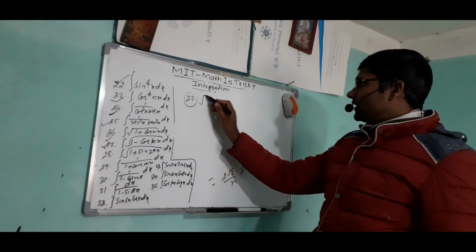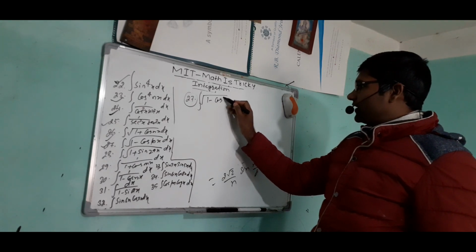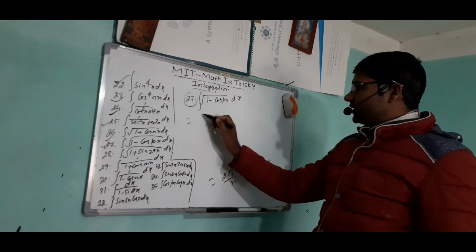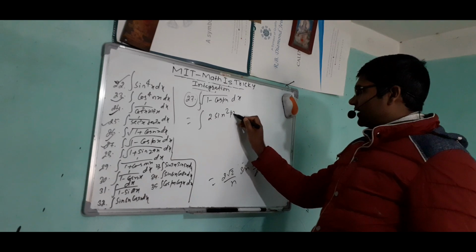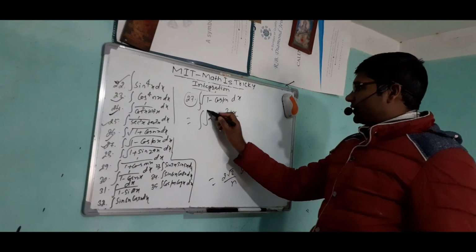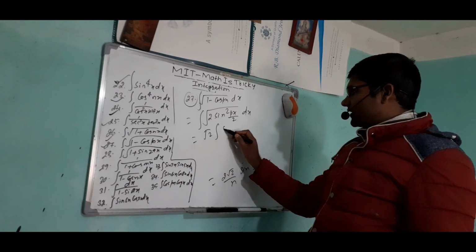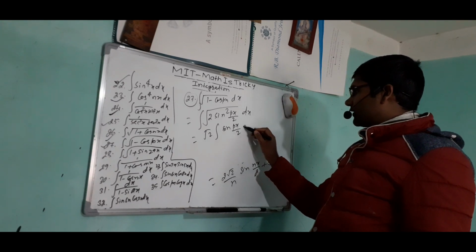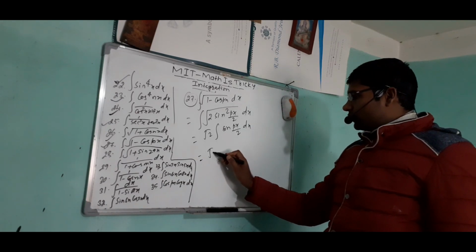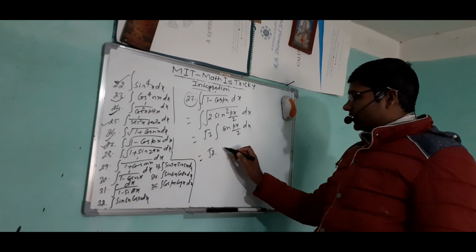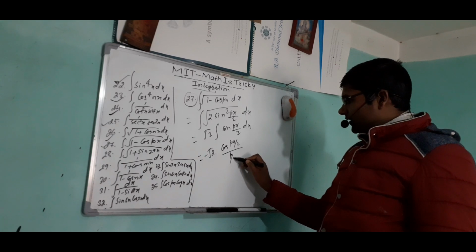Question 27. As before, it is here square root of 1 minus cos px dx. No worry, again we have a formula for this integration. 1 minus cos 2a means 2 sine square a. So as before, we'll be getting here root 2 outside and integration of sine px by 2 dx. For this, we have the formula: integration of sine is negative, so it is minus cos px by 2 divided by p by 2 plus c.